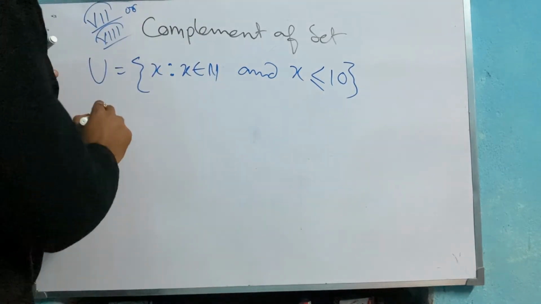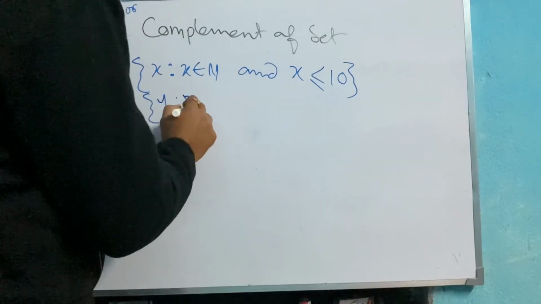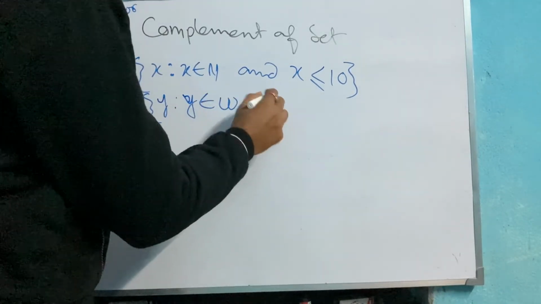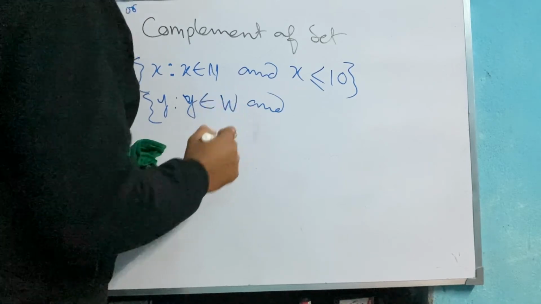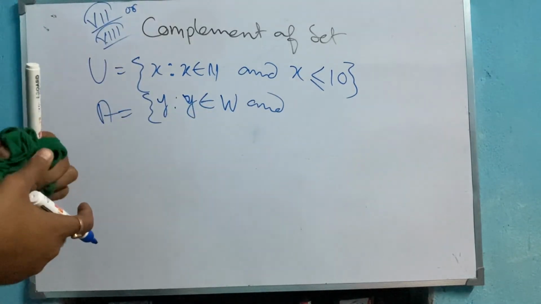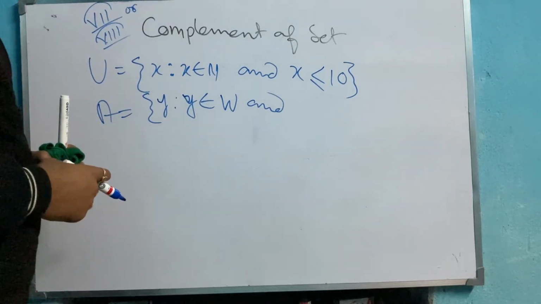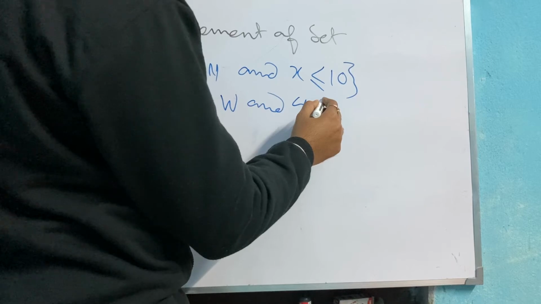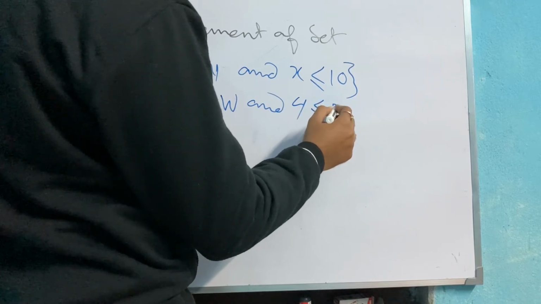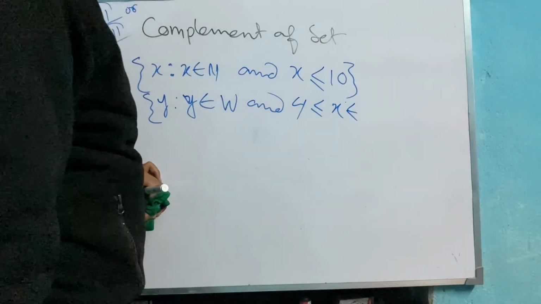And A is the set of y, where y belongs to W, and W means the set of whole numbers, and y is greater than or equal to 4 but less than or equal to 6.